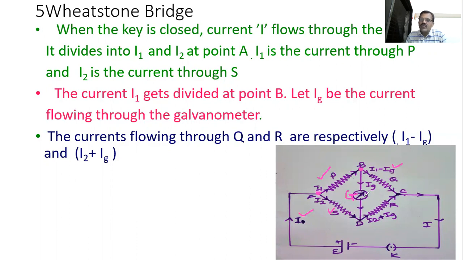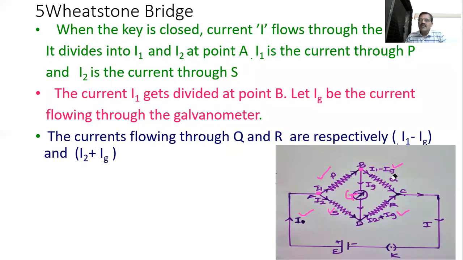With this I2, Ig gets added. These two currents, I2 and Ig, combine, and the current I2 plus Ig passes through the resistance R.